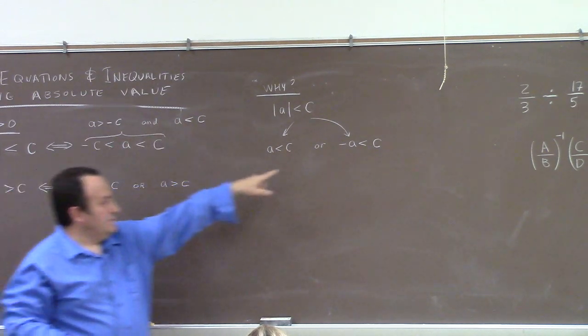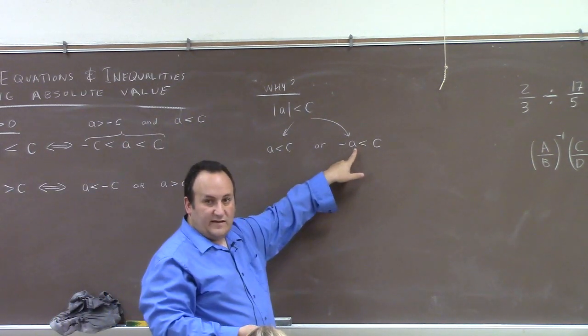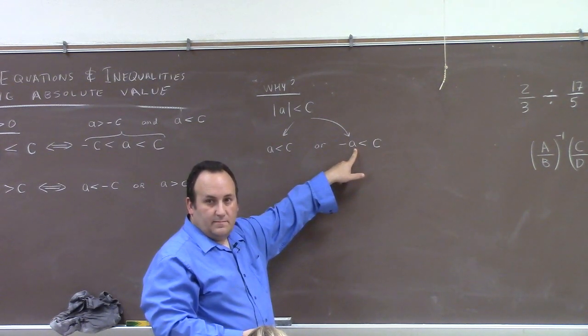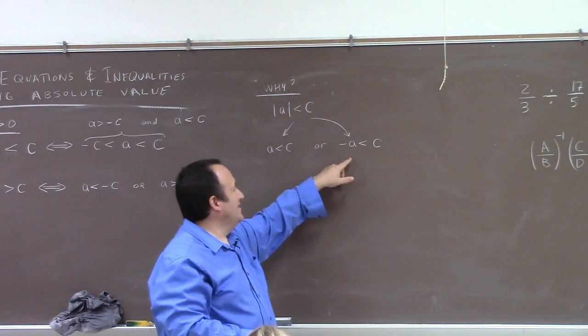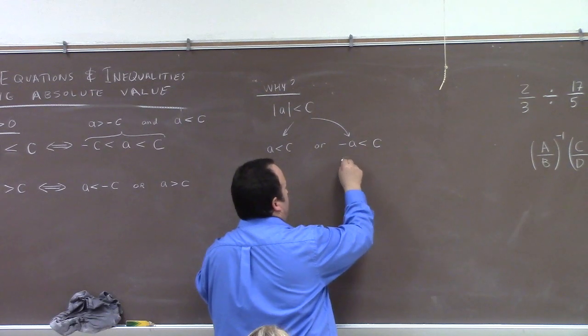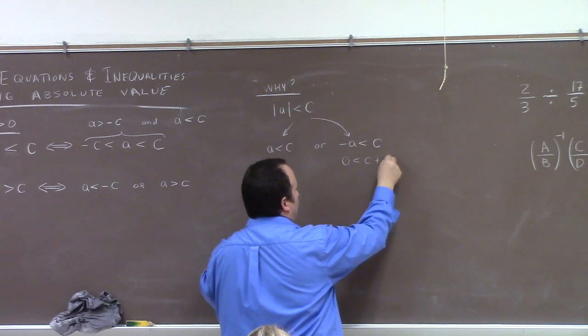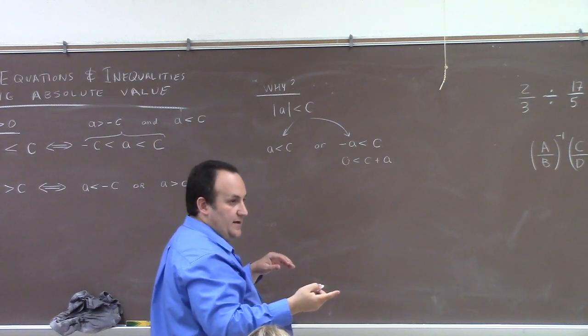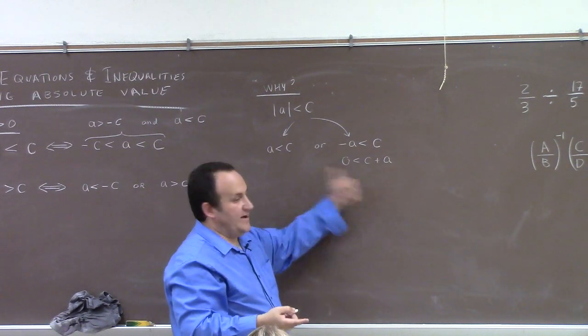How about the other one? How do we change that to A? Well, add A, so we get 0 is less than C plus A. And then subtract C to the other side.